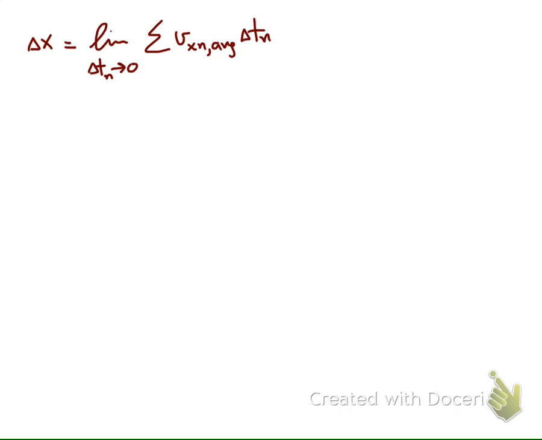We have that the limit of delta t_n approaching 0 of the average Vx_n is equal to the velocity Vx_n. Okay, we have discussed this before. This is the definition of the instantaneous velocity, or just velocity.